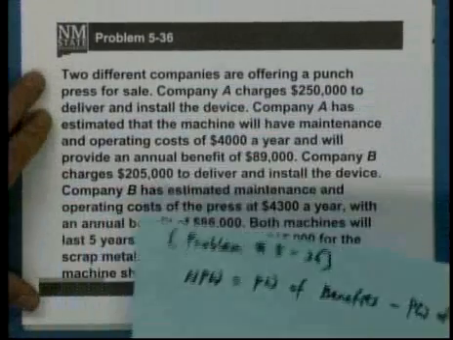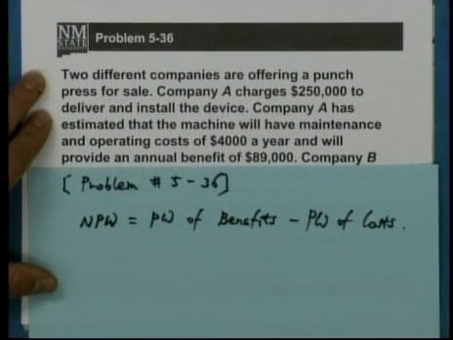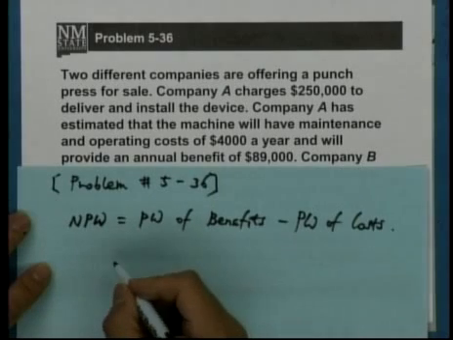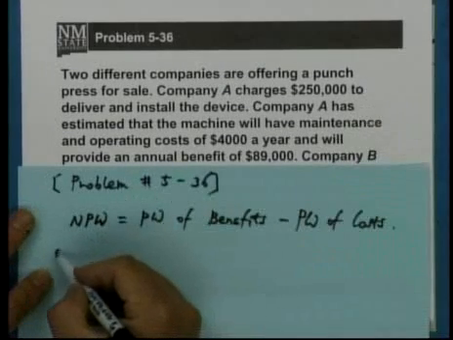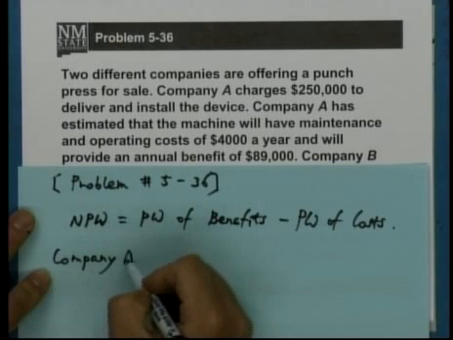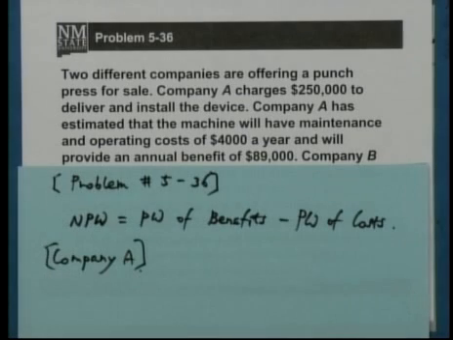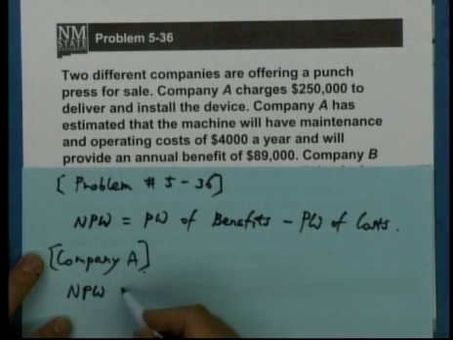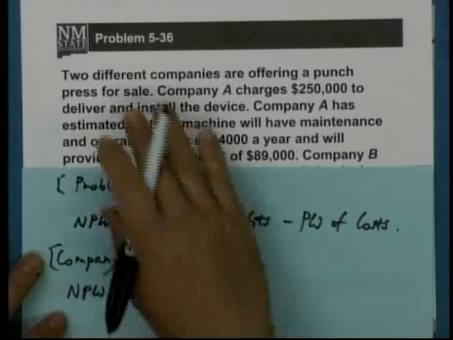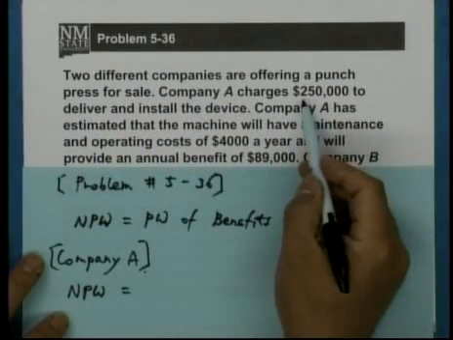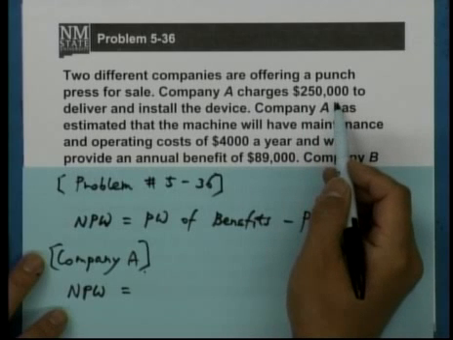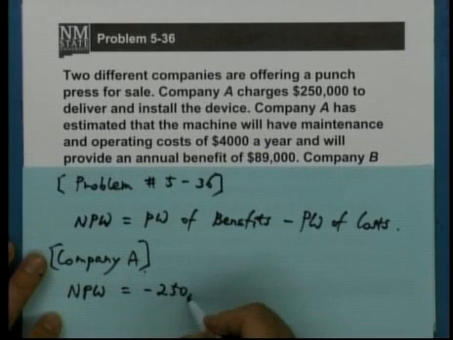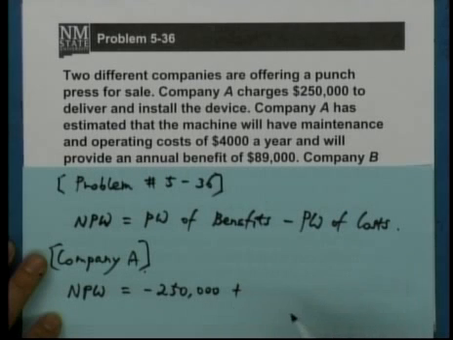So first, for company A, the net present worth would be the negative first cost, which is $250,000, right? Plus annual benefit.